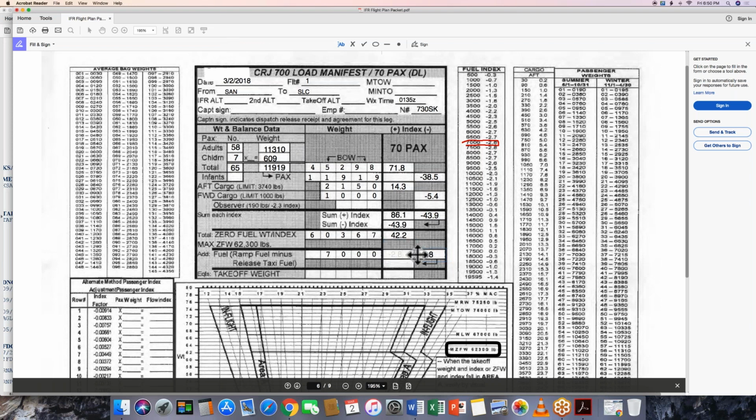So move that over to the right box here. We'll bring down our total from here. So 42.2. We'll give it a minus 2.8.